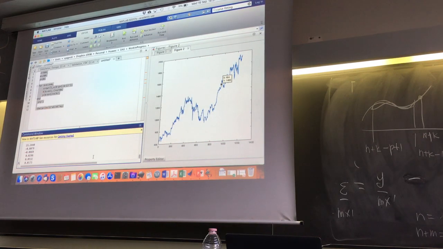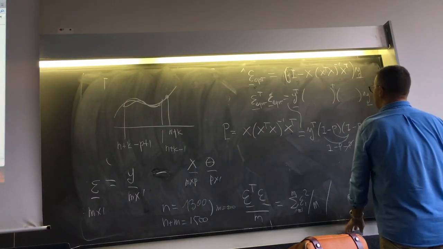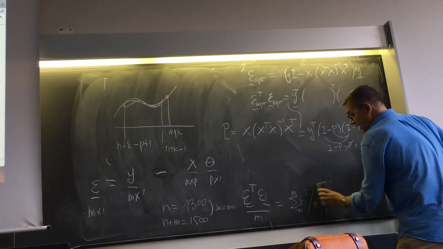Identity times identity is identity. Then I have minus projection, and minus projection again. Then I have plus projection squared. But by the property of the projection matrix, this one is equal to p, and this p simplifies with that. So it's again identity minus p. That is another property that we will see next week.